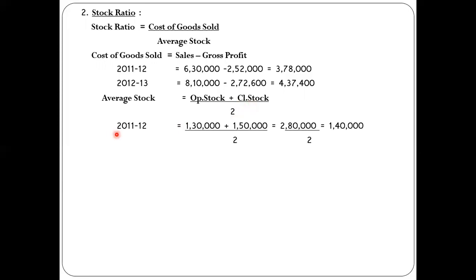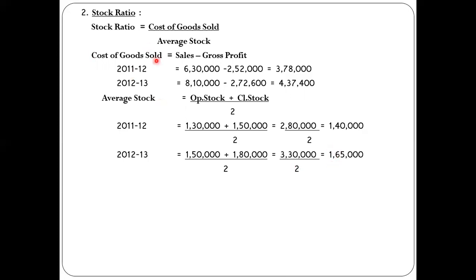Our opening stock for 2011-12 is 1,30,000 plus closing stock 1,50,000 divided by 2. So 2,80,000 divided by 2 is equal to 1,40,000. In 2012-13, our opening stock is 1,50,000 and closing stock is 1,80,000 divided by 2. So 3,30,000 divided by 2 is equal to 1,65,000.